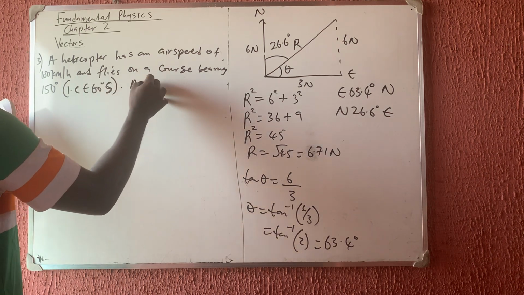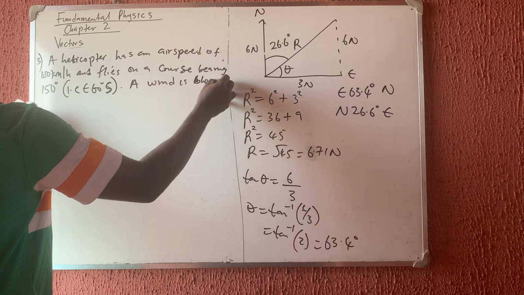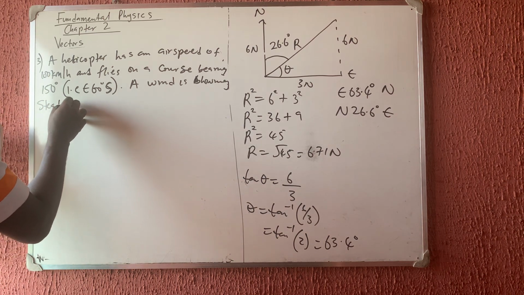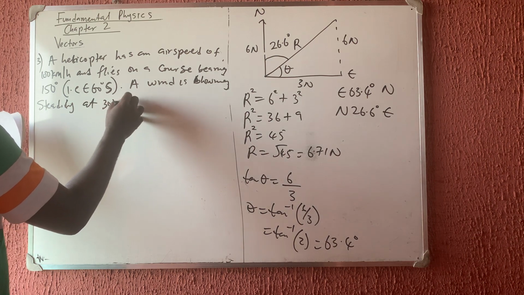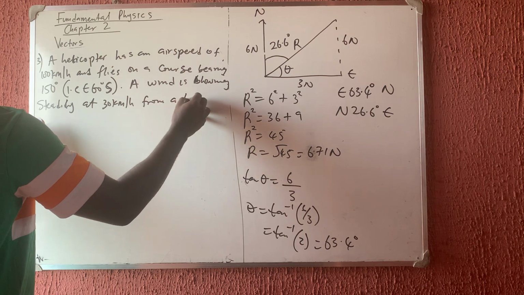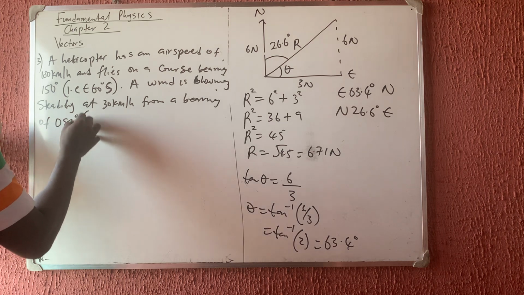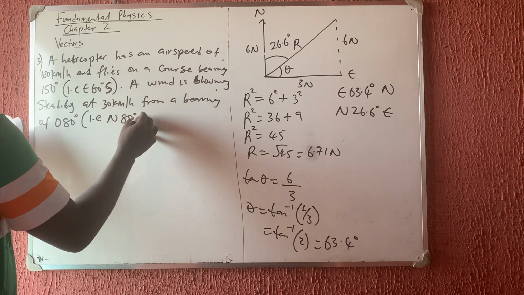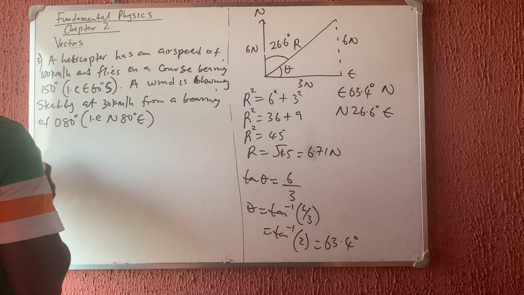Then a wind is blowing steadily at 30 kilometer per hour from a bearing of 080 degrees, that is north 80 degrees east.